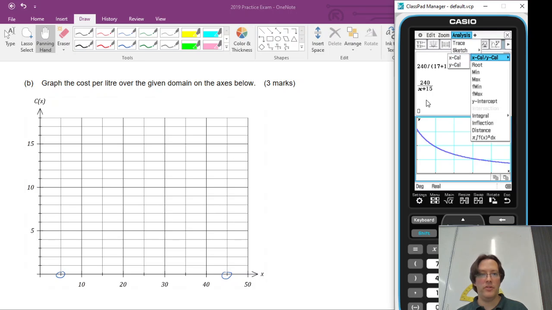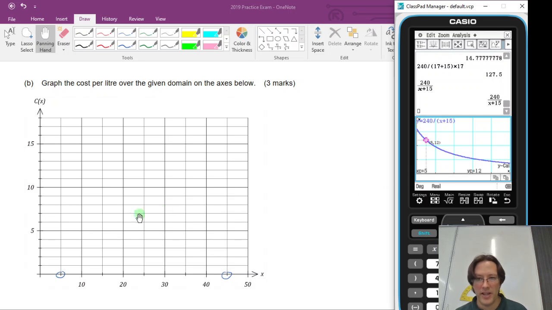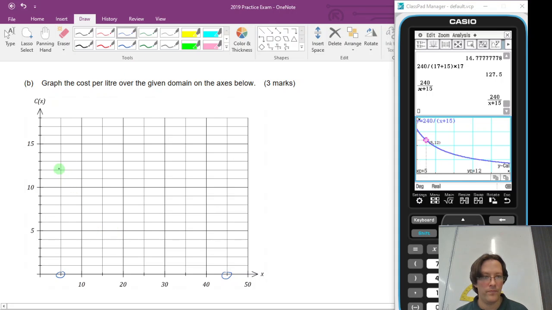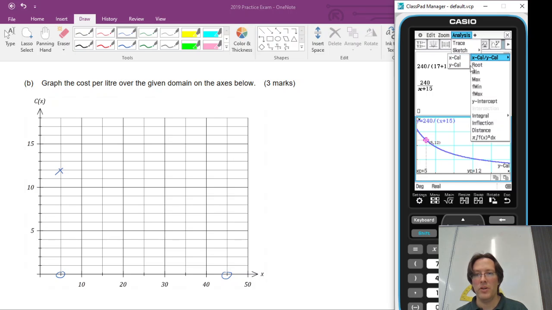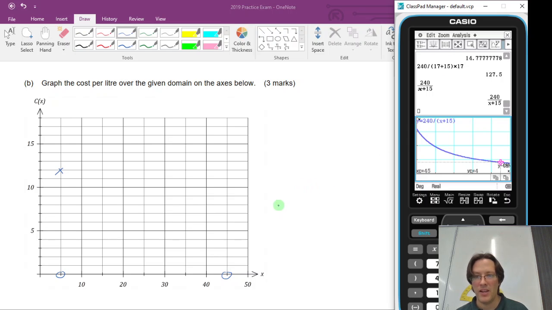Analysis, we want to find the y values when x is equal to 5. So when x is equal to 5, y is equal to 12. That's a point there. We also want to find the y value when x is equal to 45. That's going to be 4.